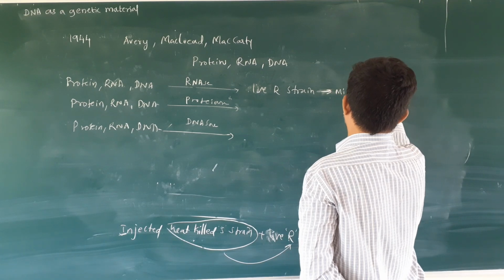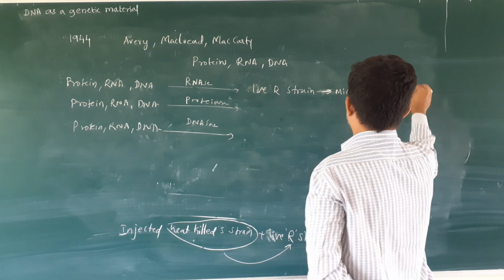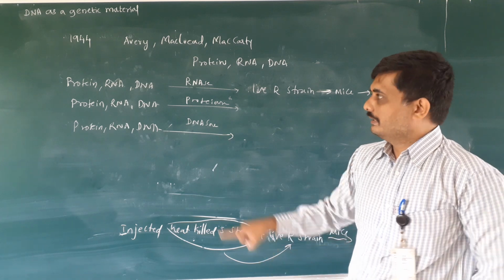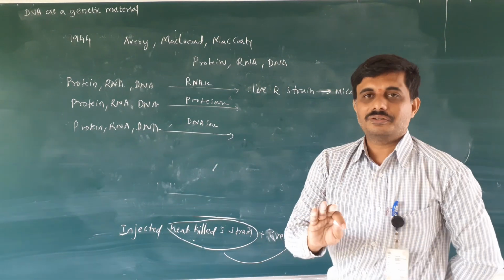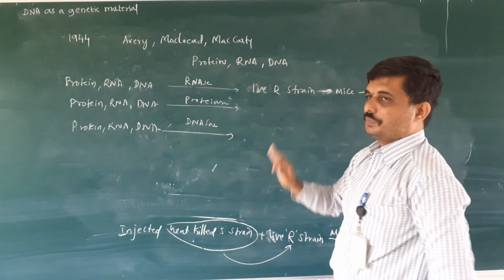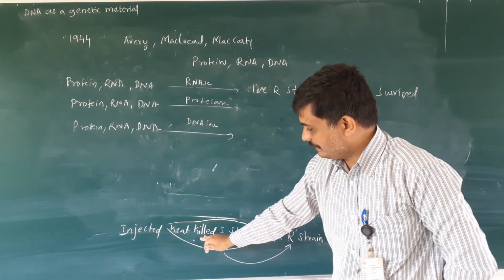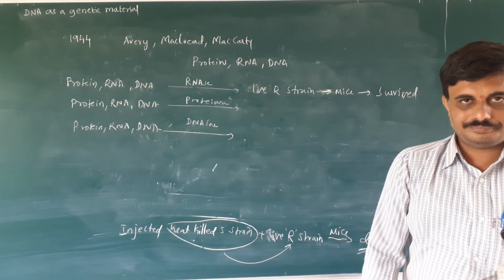The mice could survive. Then they said that RNA is not the genetic material. It is not transferred from the heat-killed strain to the R strain.